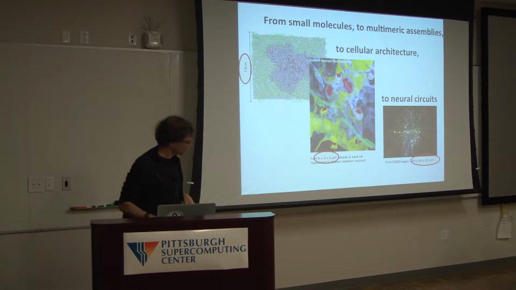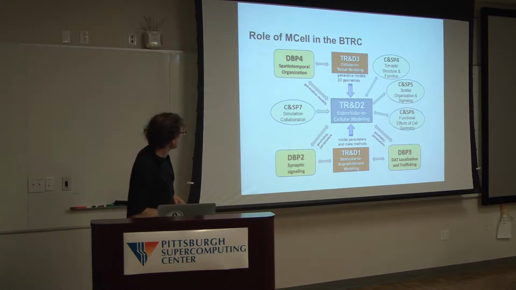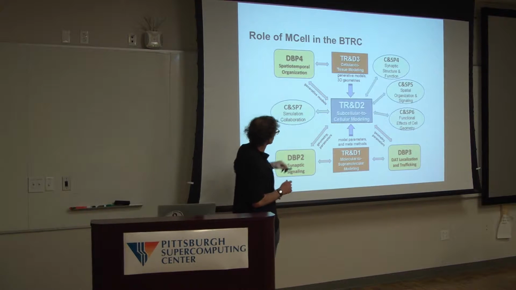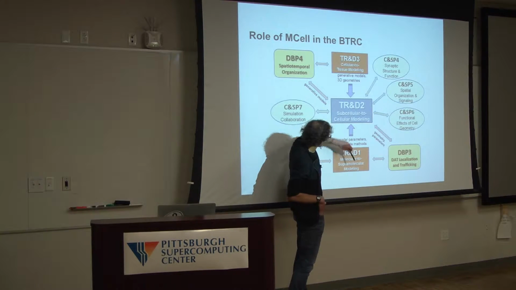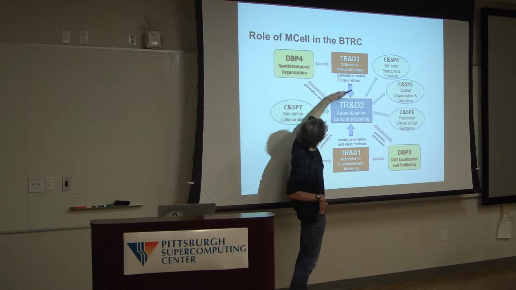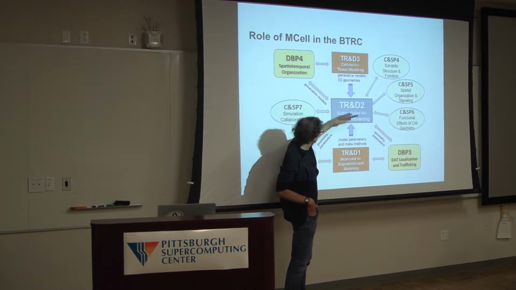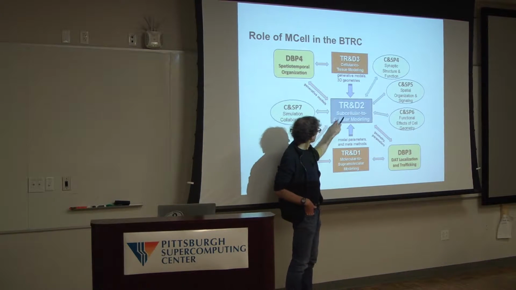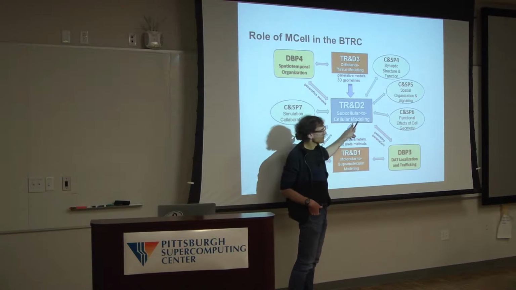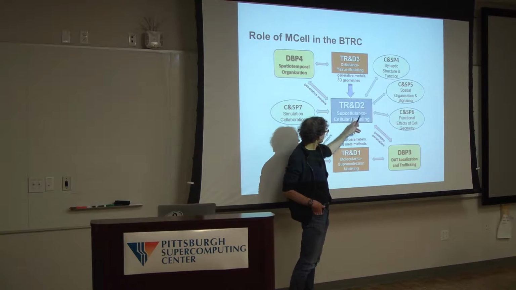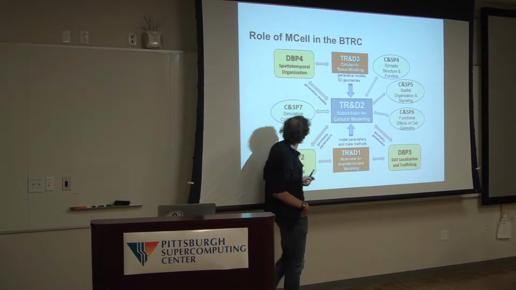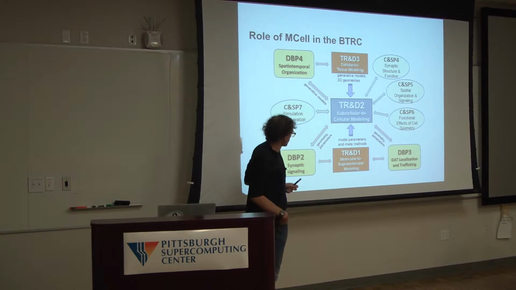Okay, so enough is enough with that. From an organizational perspective, these are the three technology components going from the molecular, cellular, to tissue scale, and two-thirds of this workshop is basically the TR&D2 component, the subcellular to cellular modeling. That's MCell and BioNetGen and so forth.